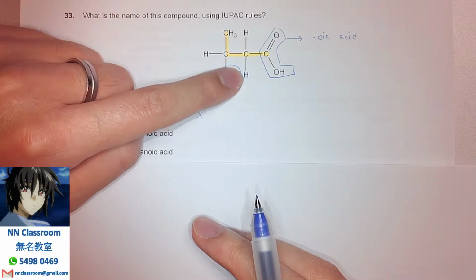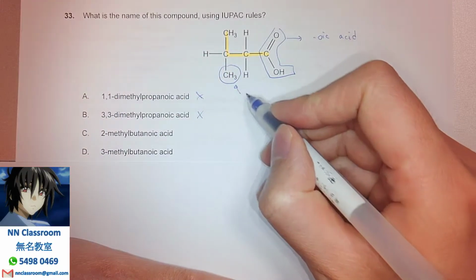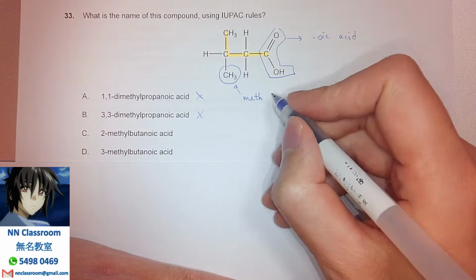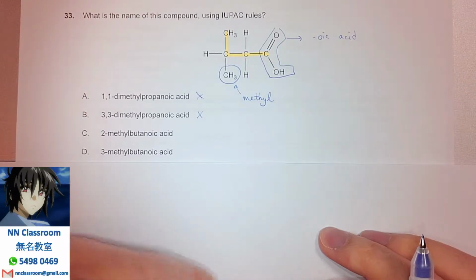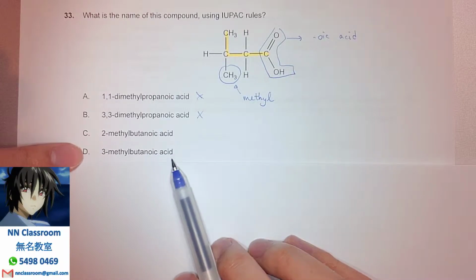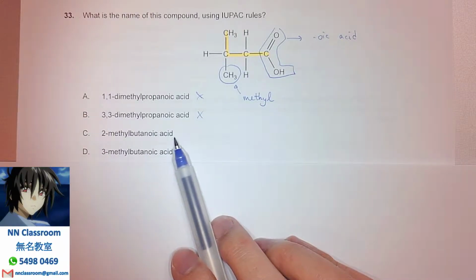So we label it as methyl: with a methane base, we don't end with ANE, we remove it and put YL. So methyl butanoic acid is the basement. So C and D both have methyl butanoic acid.